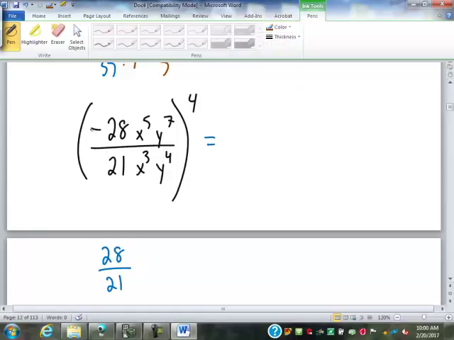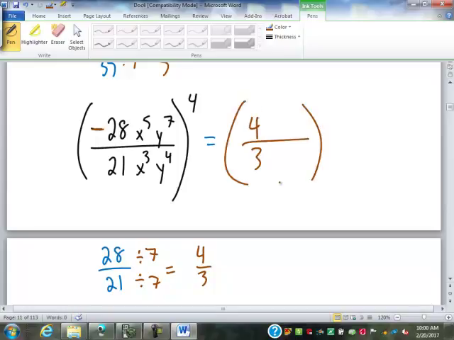And yes, I know there's a negative in there. We're going to talk about that in just a second. Both 28 and 21 can divide by 7, which will give us 4 over 3. Again, we have to make sure that we do not try to split that into an improper fraction. Back to this negative.